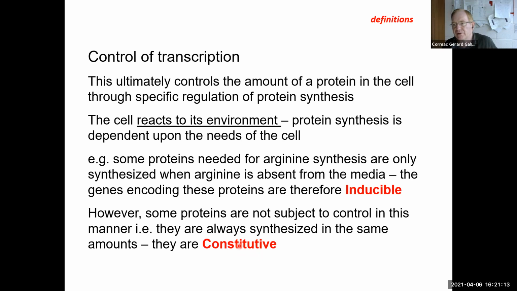There are actually very few of them, but they may be involved in essential processes in the cell. Some of these would be involved in translation and so on. They're involved in core processes in the cell, and these are called constitutive. They're constitutive because they're always expressed in the cell. So I just wanted to define these two and highlight the fact that we're really going to be talking today about inducible genes.